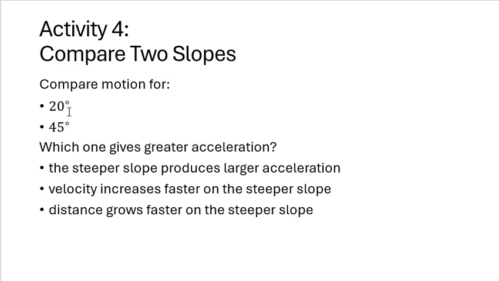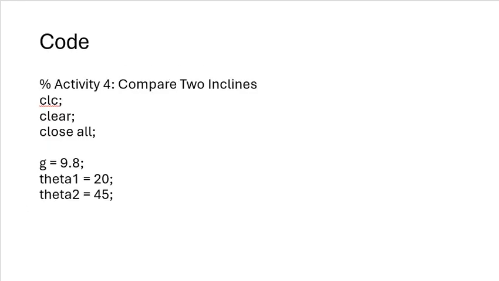Activity 4, you are going to compare 20 degrees and 40 degrees. That's a shallow and that's a steeper incline. We'll try to understand which one gives us greater acceleration: the steeper slope, larger acceleration. Your velocity increases faster on the steeper slope, and your distance is going to grow faster on the steeper slope. So let's see.